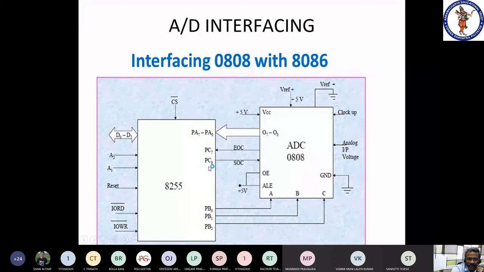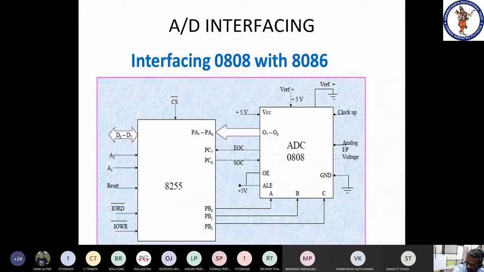Next, port C0, the LSB bit, is used for initiating the SOC pulse. Port C7 is used for receiving the end of conversion pulse. So extreme bits are taken from port C, because it's very easy to send the data and monitor the extreme bits.